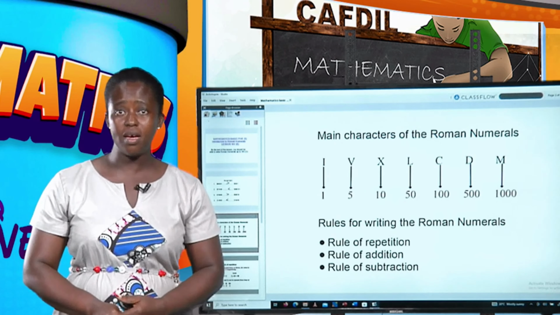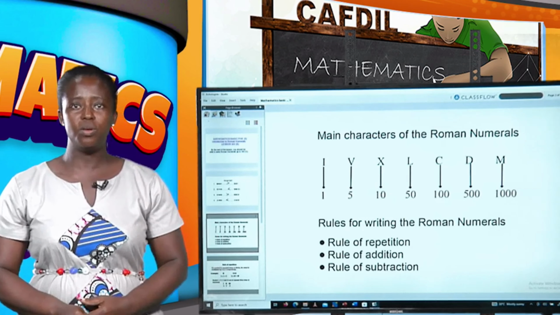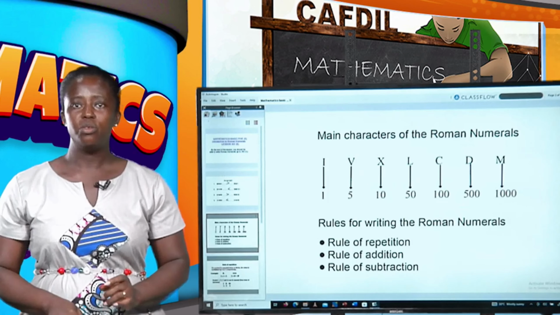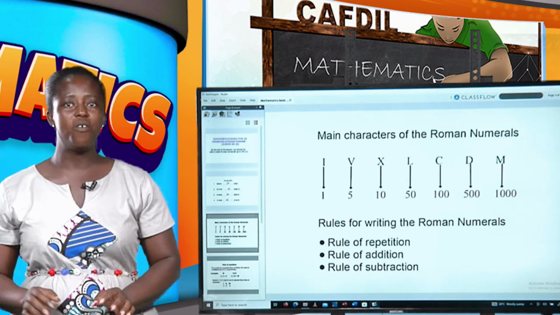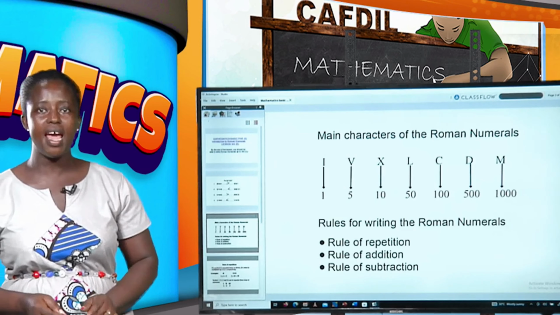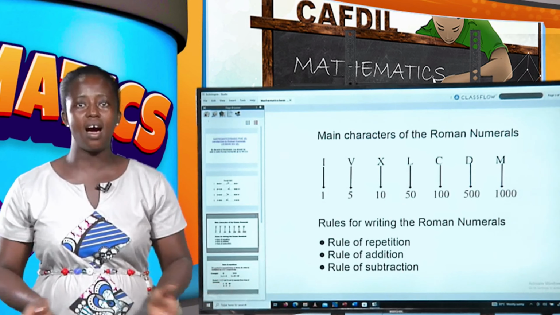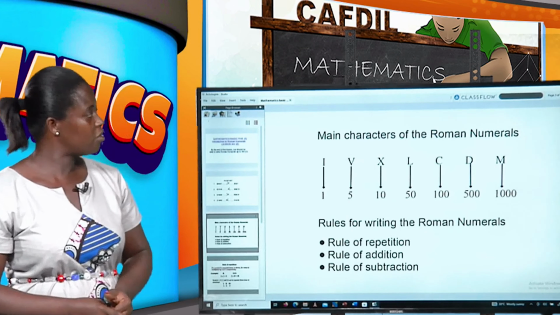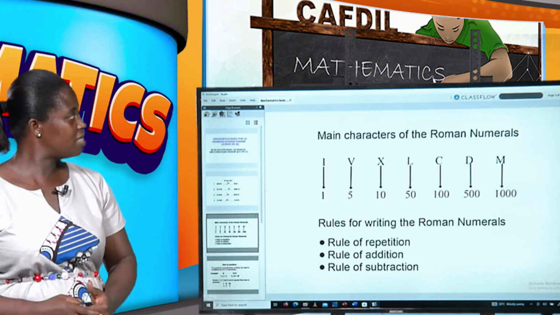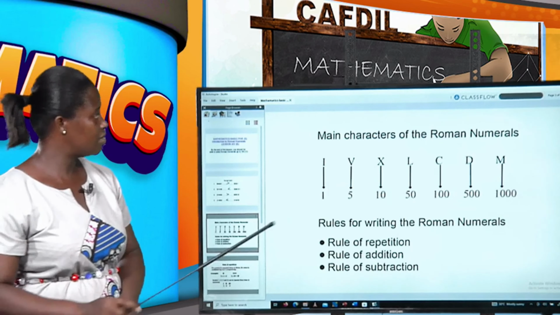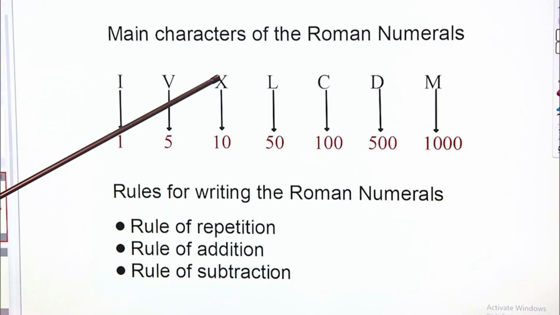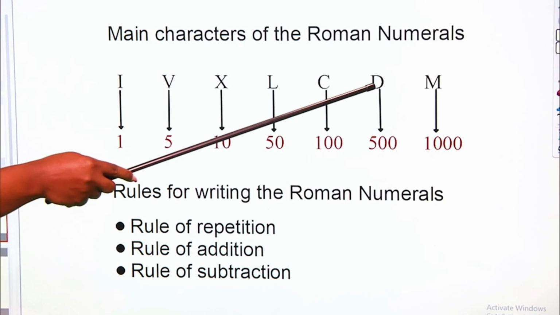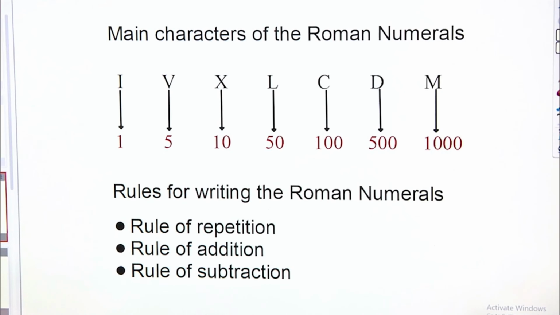Unlike the alphanumeric numerals, where we use 0, 1, 2, 3, 4, 5, 6, 7, 8, and 9 to write our numerals, the Roman numerals have these characters: I, V, X, L, C, D, and then M. I stands for 1.